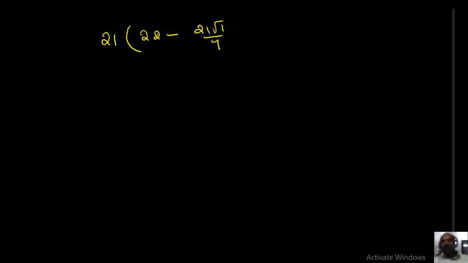Root 3 means 1.732. That should be multiplied by 21, and after that you need to divide it by 4. That is your work only, simplifications.